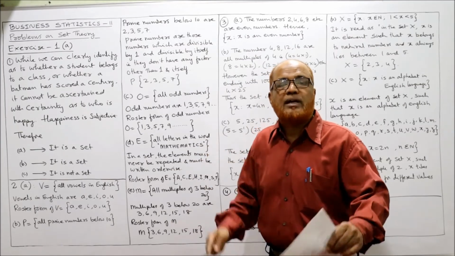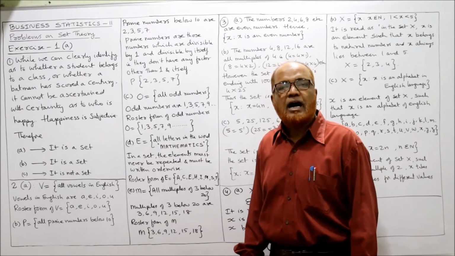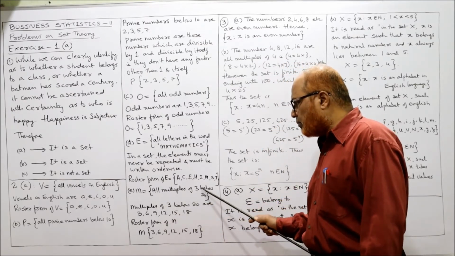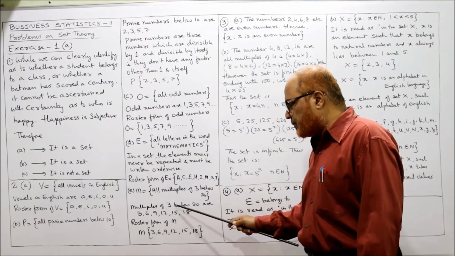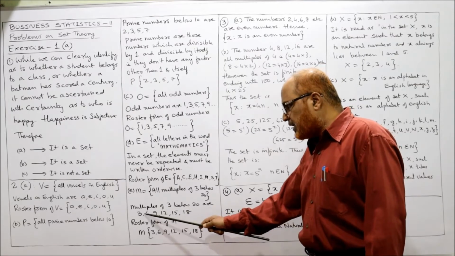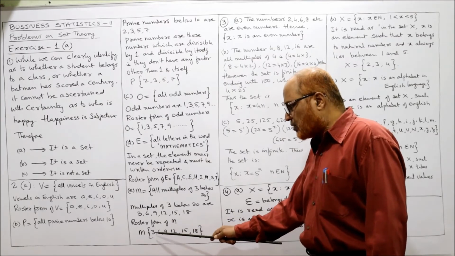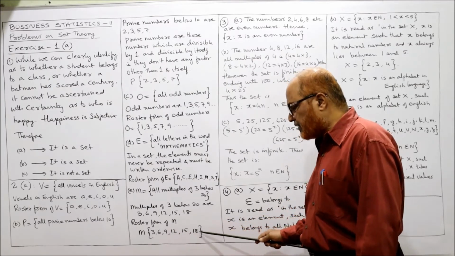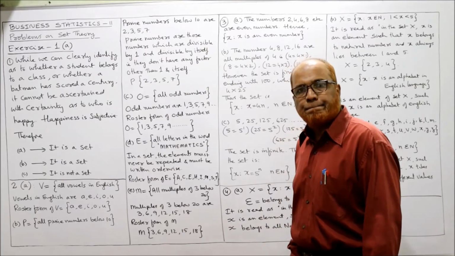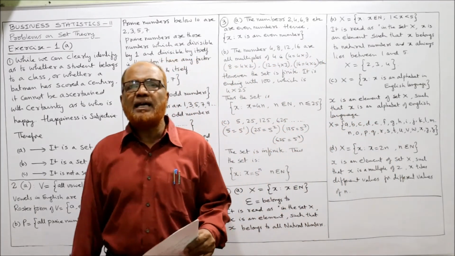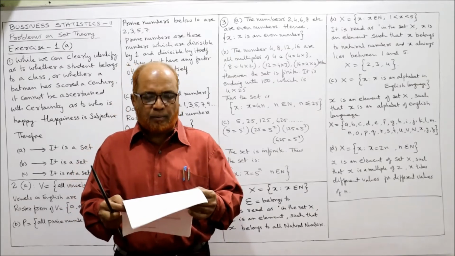It is asking you below 20. So up to 18. The multiples of 3 below 20 are 3, 6, 9, 12, 15, 18. The roster form is M = {3, 6, 9, 12, 15, 18}. It's a finite set. That's all. So all the sub-questions we have completed. Second problem we have done.